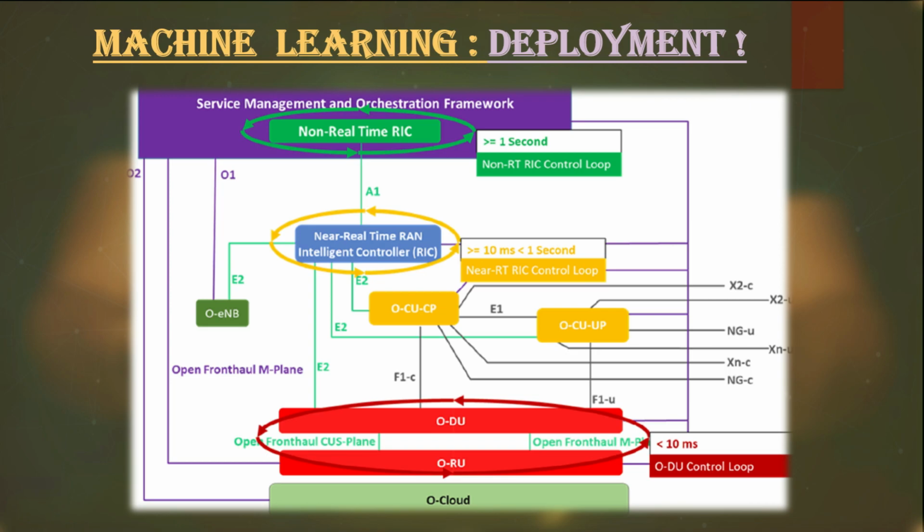There is one more control loop, loop 3, where the machine learning models can be deployed between the near real-time RIC and non-real-time RIC, and where the feedback can happen for more than 500 millisecond cycles. So you can deploy machine learning models which are not really time sensitive, for example, kind of rApps which are used to optimize the power usage of the RAN systems. Do not worry, we will brief the concept of these apps a little later.